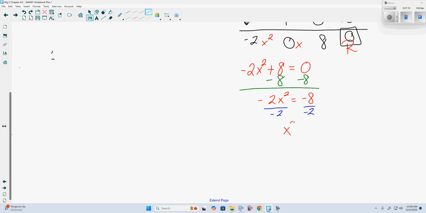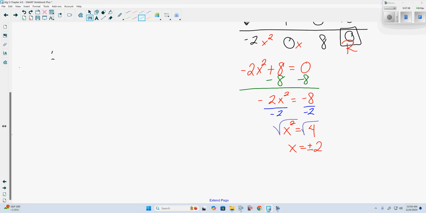It tells us that x squared is equal to 4. And last but not least, we can take the square root of both sides. And the square root of x squared is x. Square root of 4 is 2. But whenever we take the square root of both sides, we have to add the plus or minus.